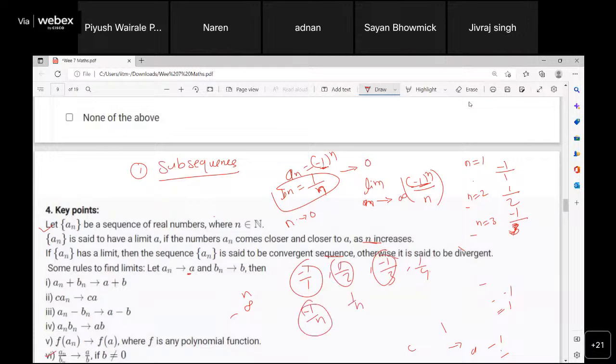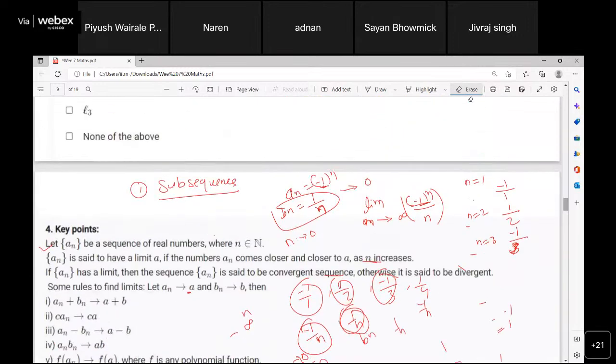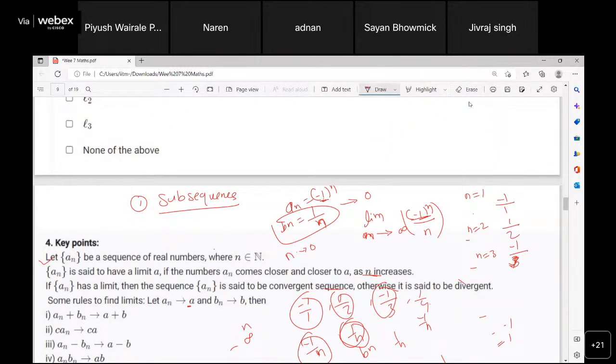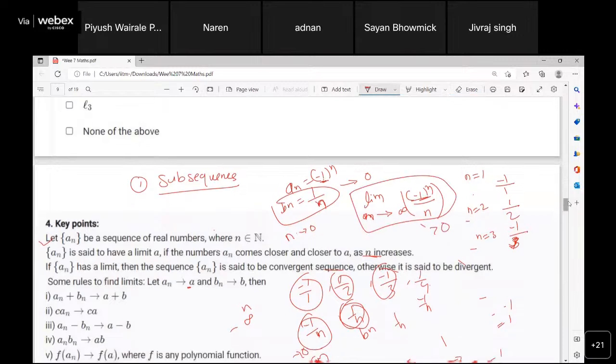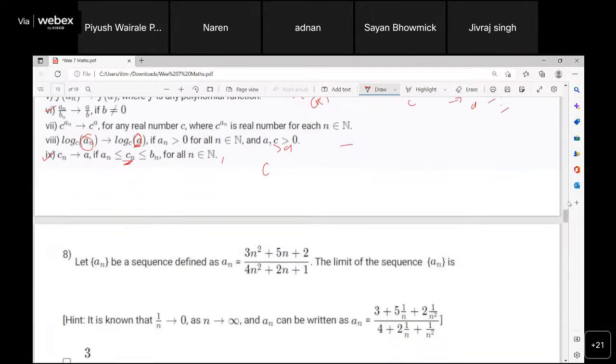So this is basically my an and this is my bn. If I apply n tends to infinity, it will also tend to 0, right? Minus 1 by n, and here also it will tend to 0, 1 by n. So when an and bn are tending to 0, this particular expression cn, that is basically this sequence, will also tend to 0. Okay, we can apply this. Got it.